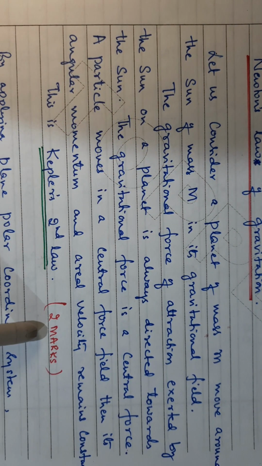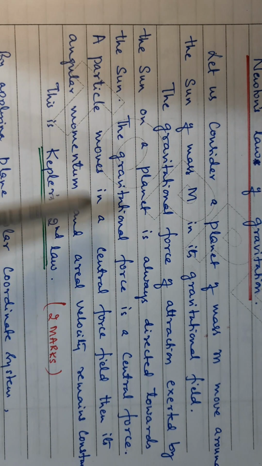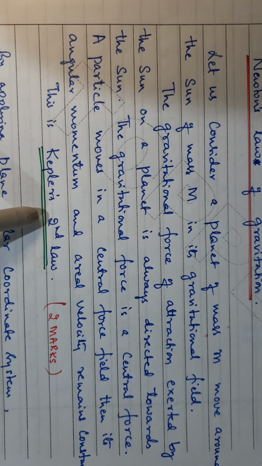If we ask only Kepler's second law, we will ask this question for about 2 marks: derive Kepler's second law. Explain how you are going to prove that Kepler's second law is valid.